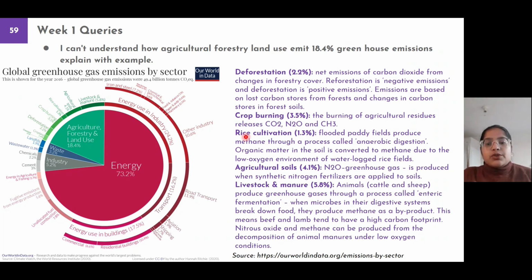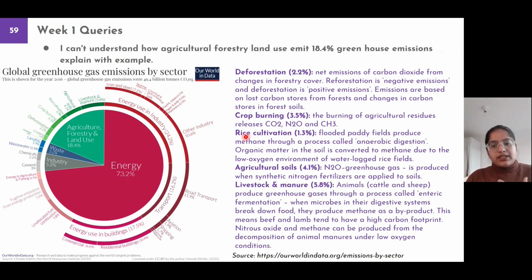Animals, especially cattle and sheep, which are rearing animals, produce greenhouse gases in their digestive systems while breaking down food, and they produce methane as a byproduct. This also means that beef and lamb, when consumed, have a higher carbon footprint. It's also a larger proportion of the meat industry which is contributing to these emissions.